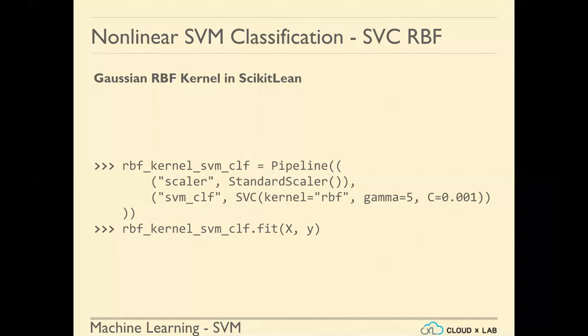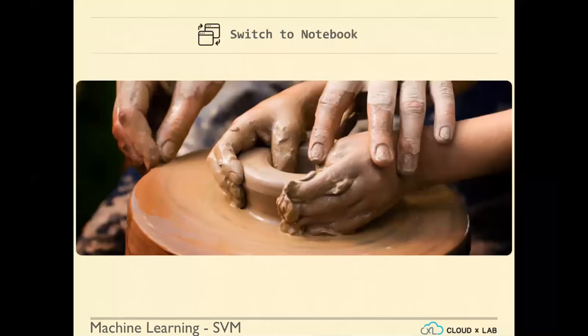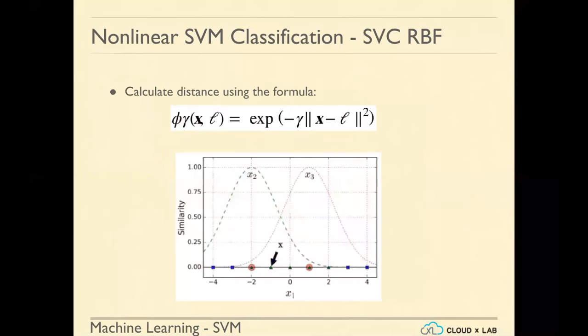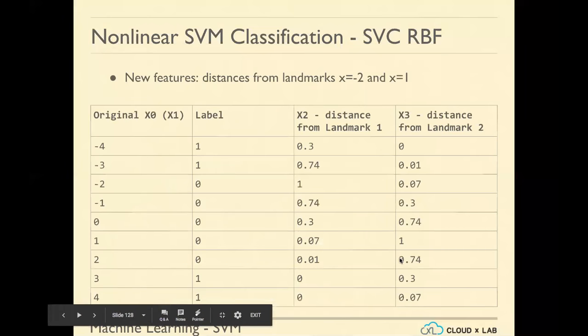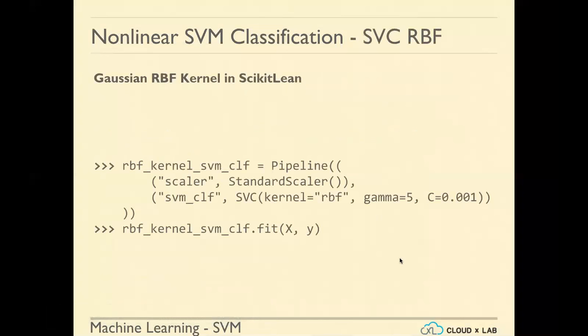All we have to do is first do the scaling and then call SVC with kernel equals RBF, and gamma is 5. Gamma is the same as the gamma that we had in this formula. This is that gamma, and here again it's the same C that we discussed in the beginning.